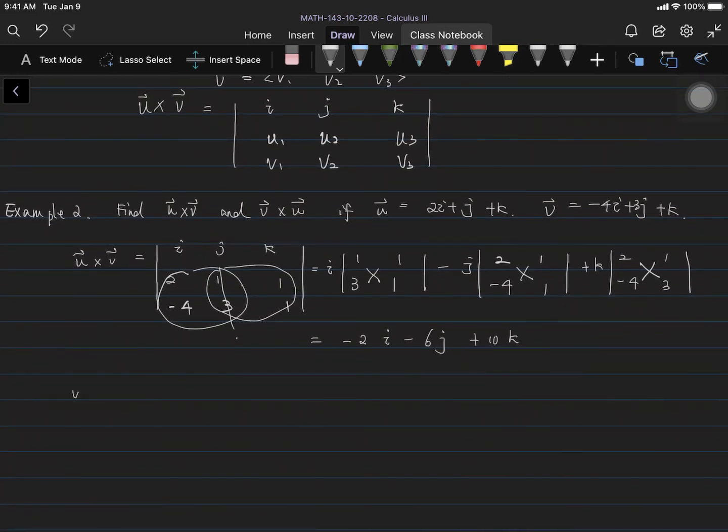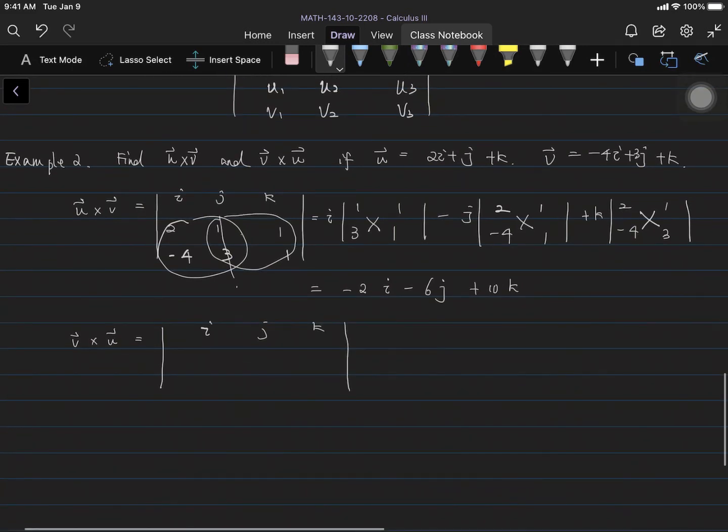Now let's calculate V cross U. For V cross U, we do I, J, K. Right now V is in front, so we put V in the second row position. So V is negative 4, 3, 1, and U is 2, 1, 1. Let's calculate this one.